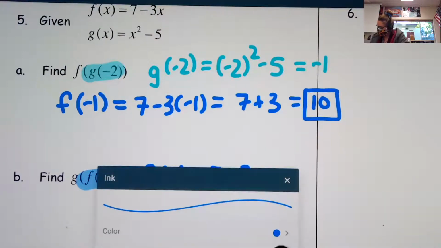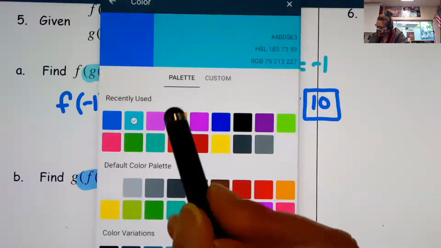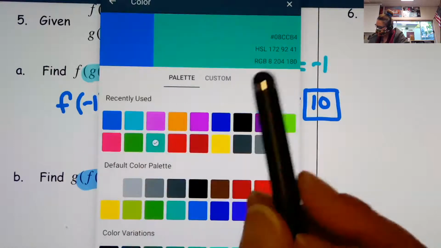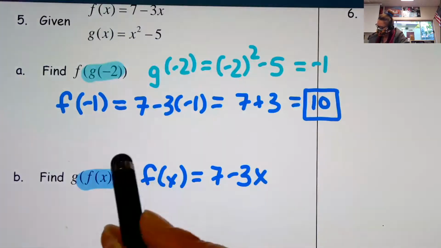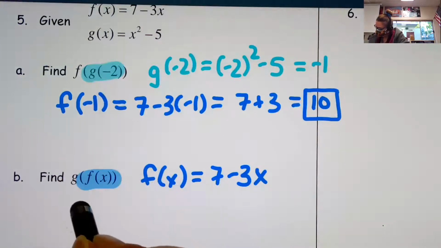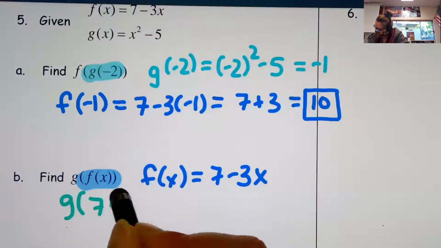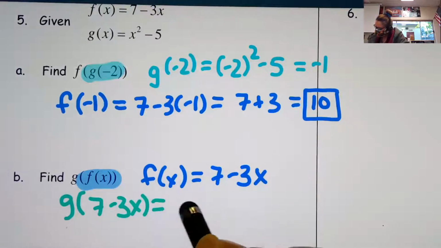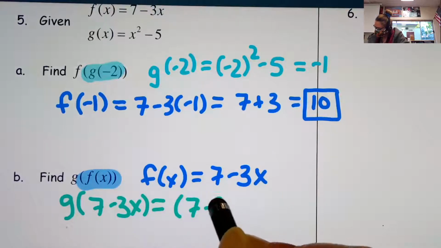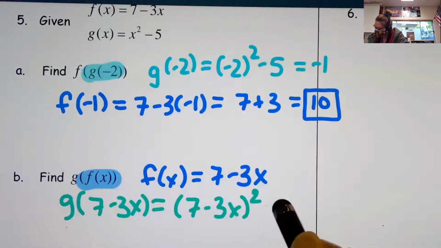Then I'm going to take that and put that into g. So now I'm going to find g of 7 minus 3x, which is 7 minus 3x squared minus 5.